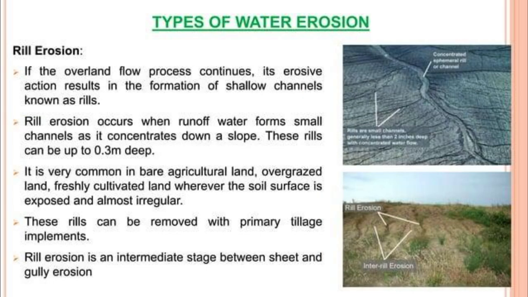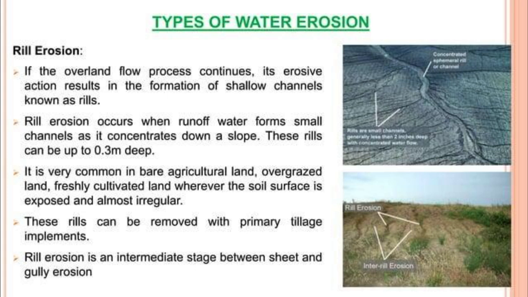Rill erosion. If the overland flow process continues, its erosive action results in the formation of shallow channels known as rills. Just like in the image, you can understand it from the image. Rill erosion occurs when runoff water forms small channels in a constant downslope direction.